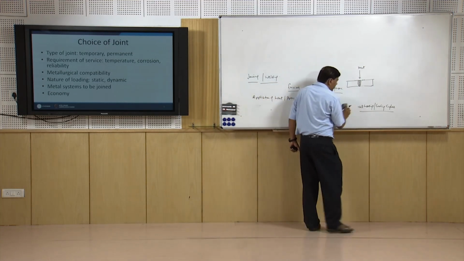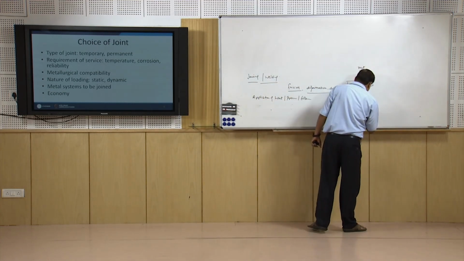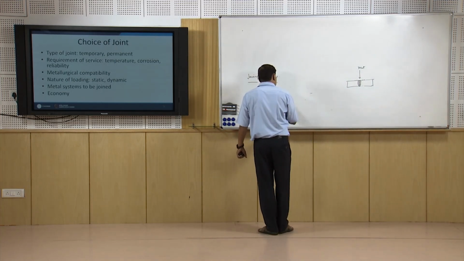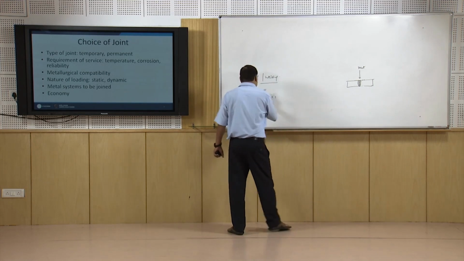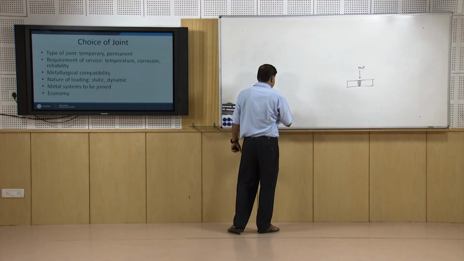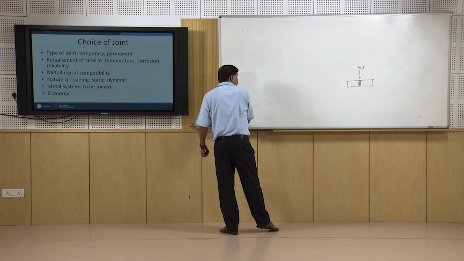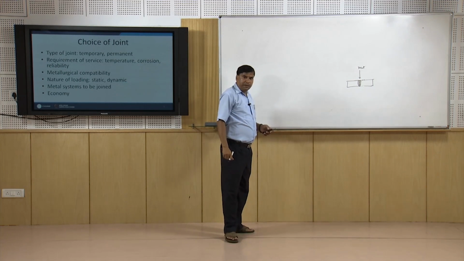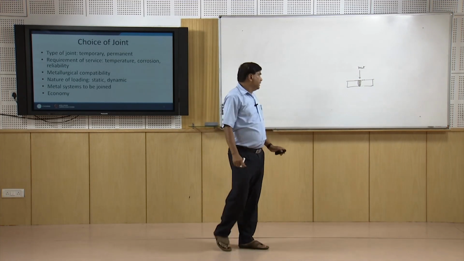So, welding differs significantly as compared to other manufacturing processes because of these two unique characteristics: the very localized heating, and the differential heating and cooling cycles experienced by the different zones.